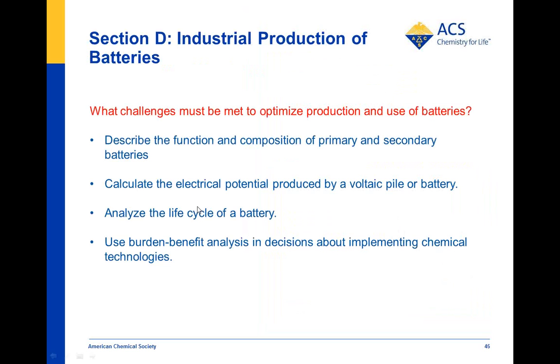All right, so Section D, we're starting to look at batteries. Here are the objectives, the goals. The question we are trying to look at is what challenges we have in production and use of batteries.